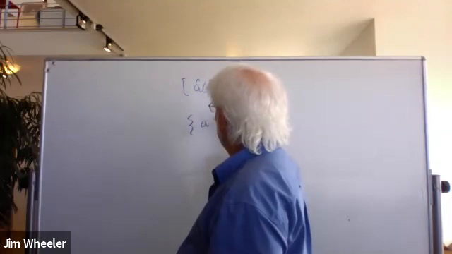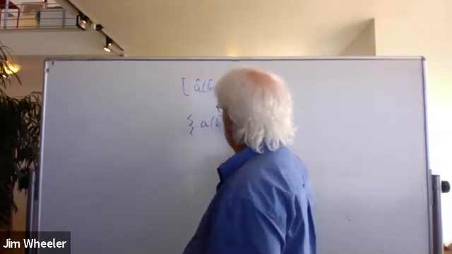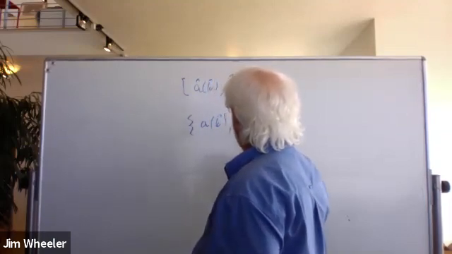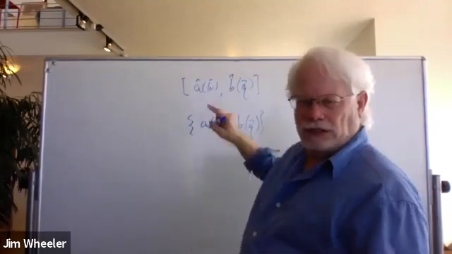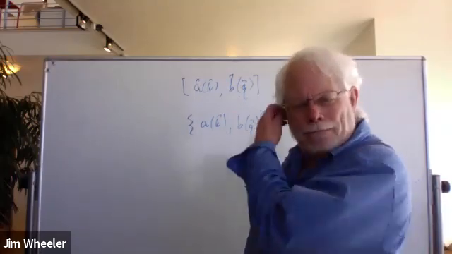Yeah, that's exactly right. And so what was the Poisson bracket? All right, this is a fundamental commutator, so it follows from the Poisson bracket of A of K with B of Q. So we can figure this one out and just infer that one. Oh, really?